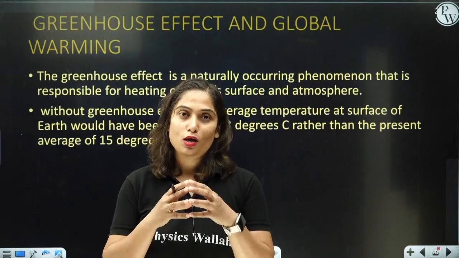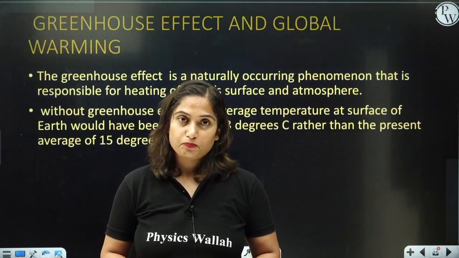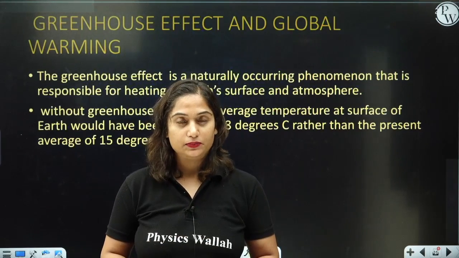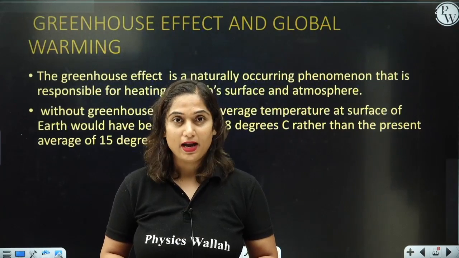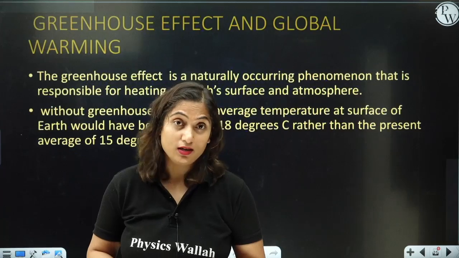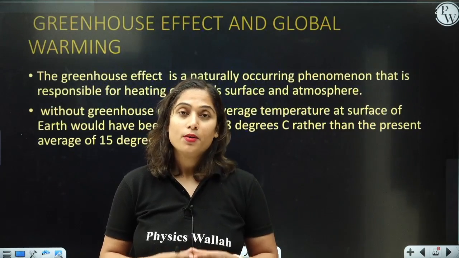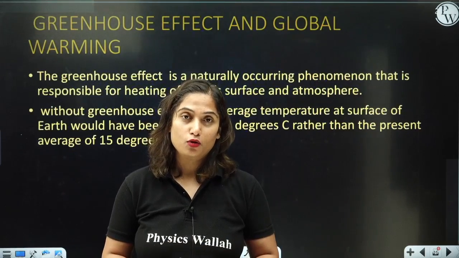This is the greenhouse effect. Now the greenhouse effect is not bad. It's a very, very good effect for Earth. But now the meaning of the greenhouse effect has changed, because it has now become a cause of global warming.